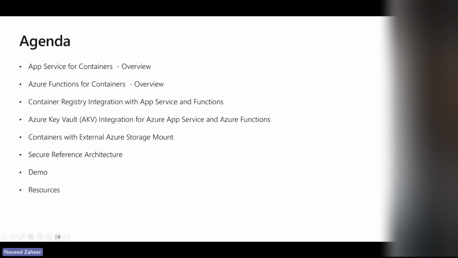For example, we will talk about how you can integrate with a container registry. Since there are containers, they have to go somewhere, and one place to go is Azure Container Registry. So how you can integrate with it, and how you can integrate with it through private connectivity. And then the same with Key Vault, and if you are mounting any shares, how you will do that.